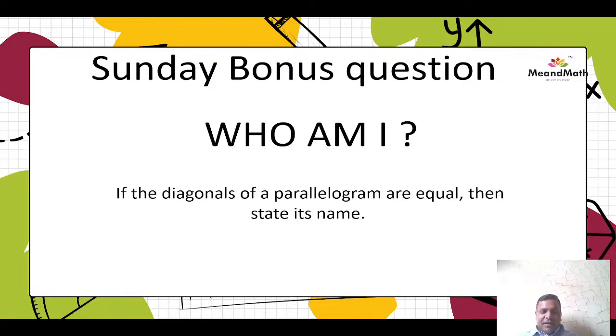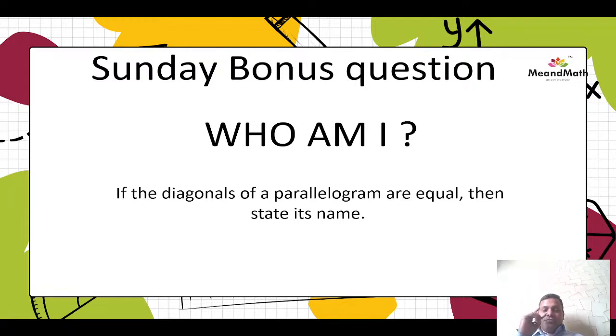It's the parallelogram, it's quite, it's scalene quadrilateral, it's a rectangle, rhombus, square. Who is this? That's a very easy one. Diagonals are equal.